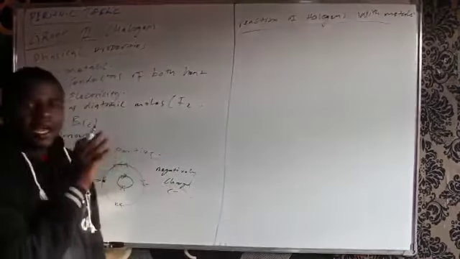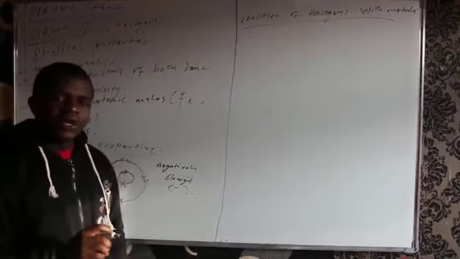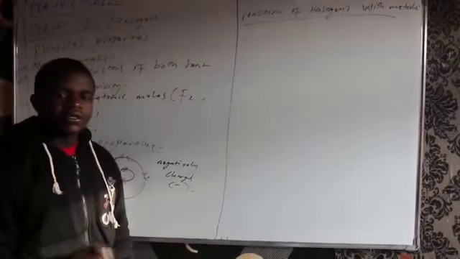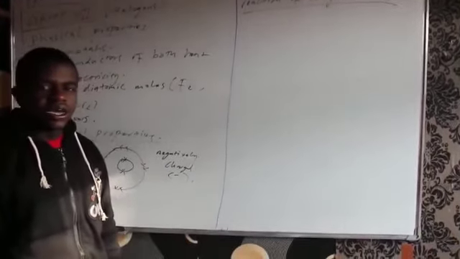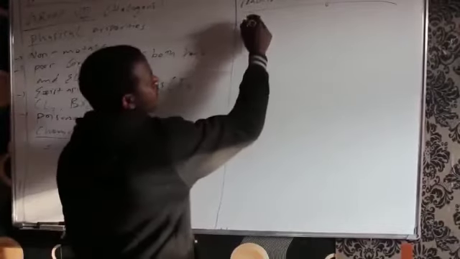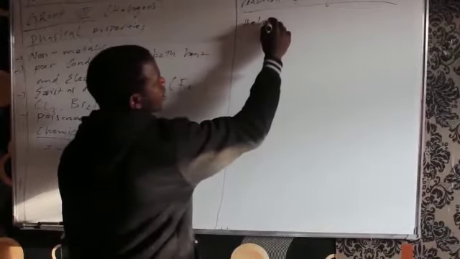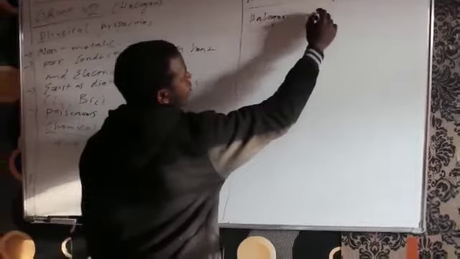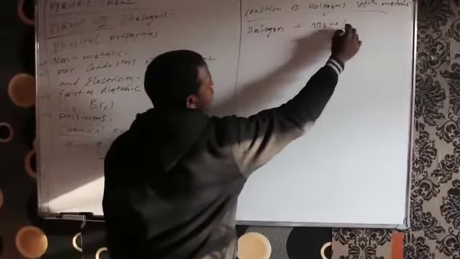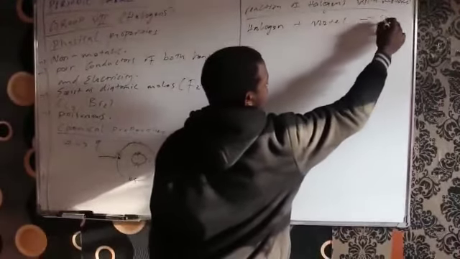When a halogen reacts with a metal, the product that is produced is a salt or a metal halide. So halogen plus a metal produces a salt.